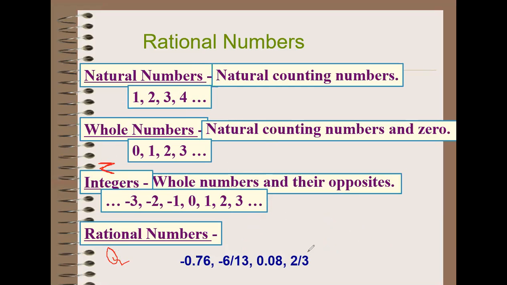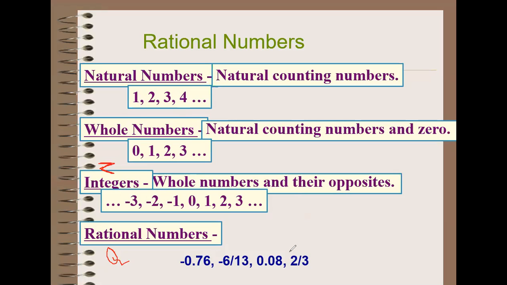If I give you a number like 5 over 3, this number belongs to which set of numbers here? If I want to classify 5 over 3, it will belong to rational numbers. Okay?